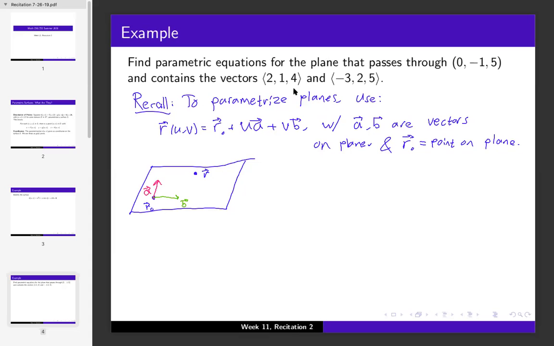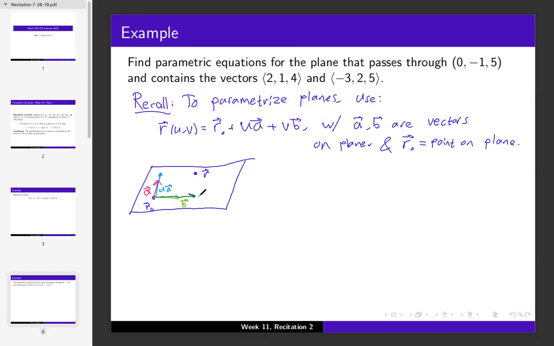The gist basically is that you can go along A some length, so you're going to scale A. This is the vector uA. And then you're going to go along the vector B, which I'm going to do in a darker green.